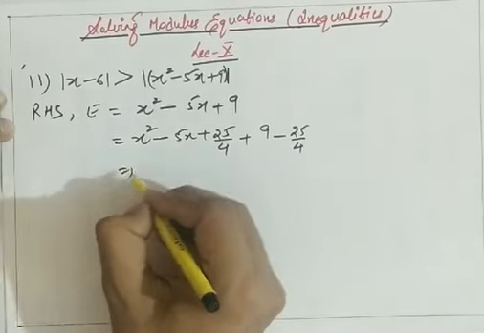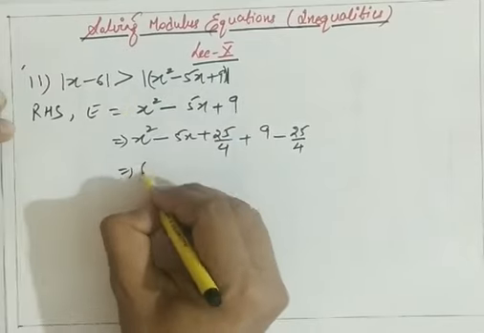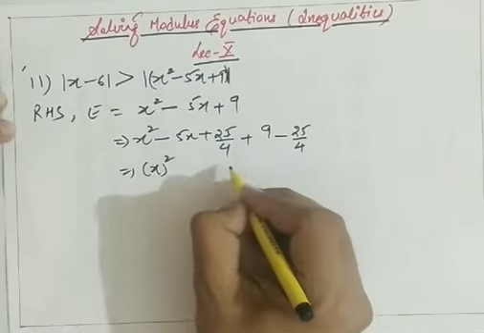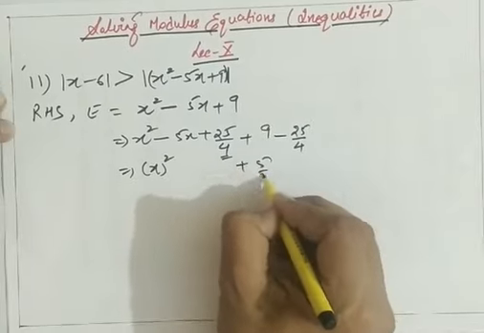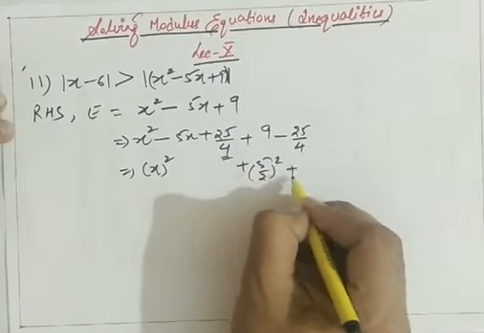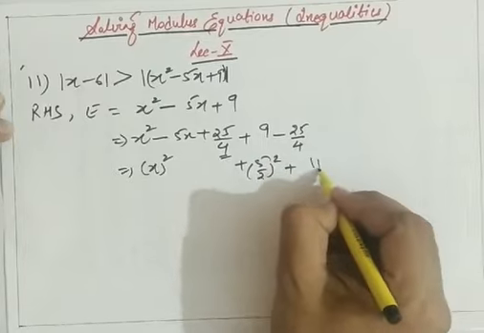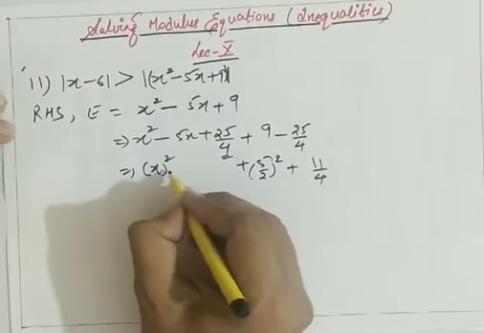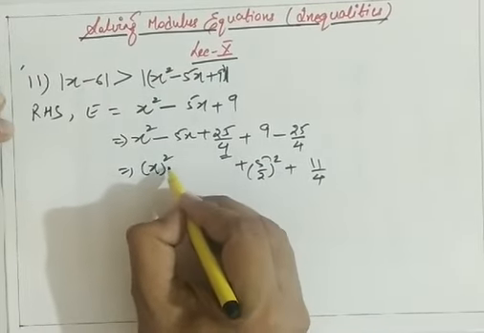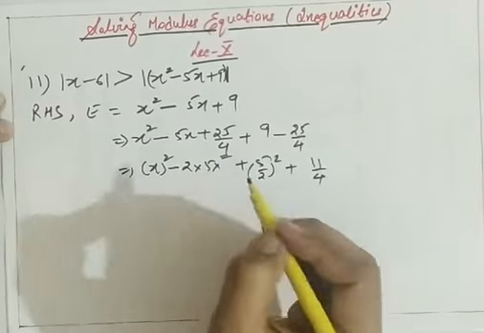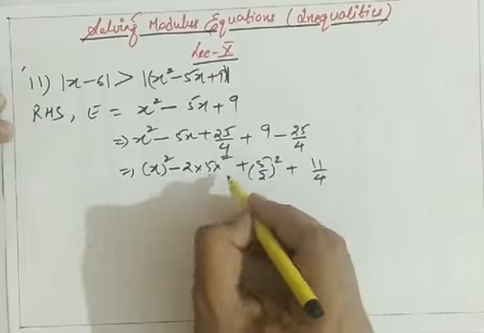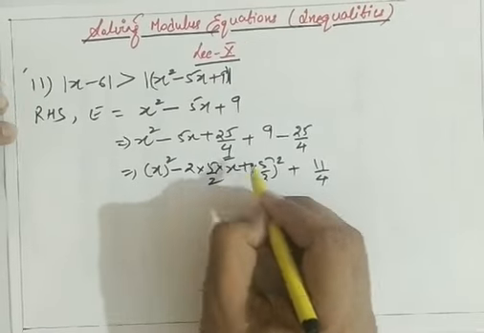So this will become x square plus this 25 by 4 will be written as 5 by 2 whole square, plus this will be 36 minus 25 will become 11 by 4, and this is minus 2 into 5 by 2 into x.